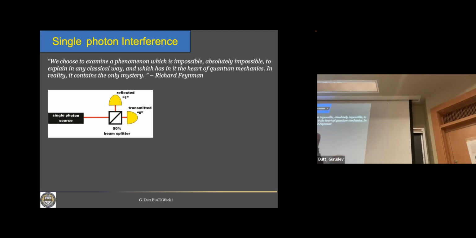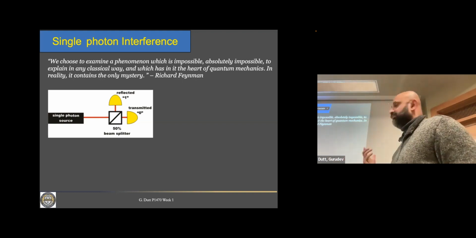In this way we have what is called a two-mode qubit, because one mode is going to the right, one mode is going to the top, and we can say that if the photon is in this mode, it's say 0. If the photon is in that mode, it's a 1. And of course the detector will click when I get a photon in one arm or the other.